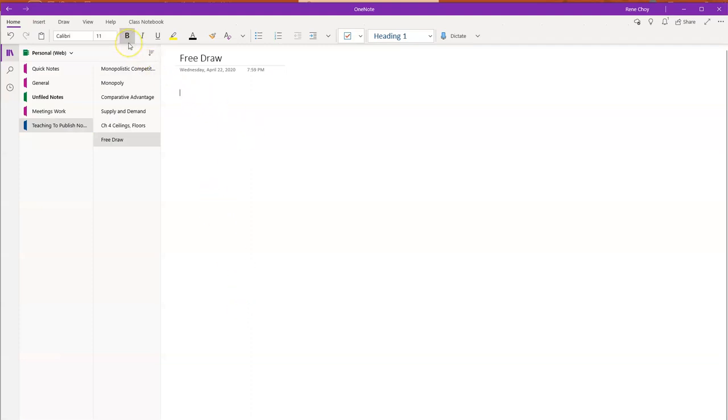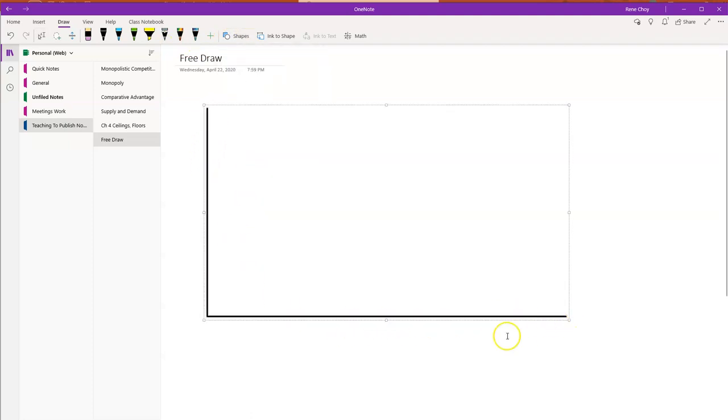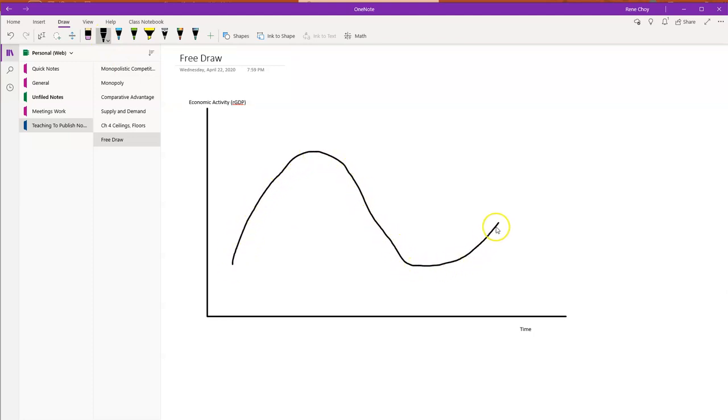In previous chapters, we covered already what the business cycle is, but just in case, as a refresher, if we draw a relationship between time on the horizontal axis and economic activity as measured by real GDP over time, we see this pattern of increasing economic activity followed by a decline in economic activity followed by an increase in economic activity.